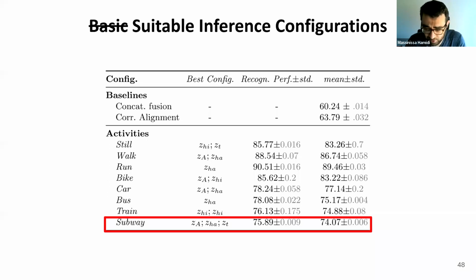Here we highlight an inference configuration where the activity subway is inferred using the combination of the universal components ZA, the hand-specific components ZH, and the torso-specific components ZT.